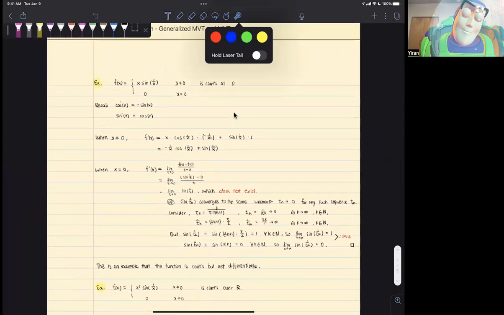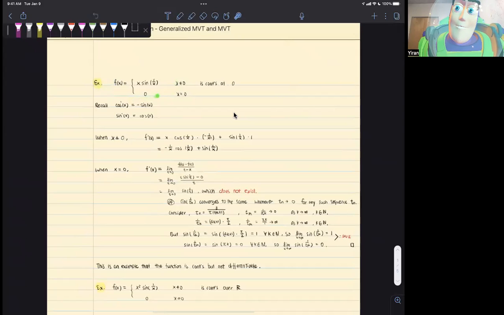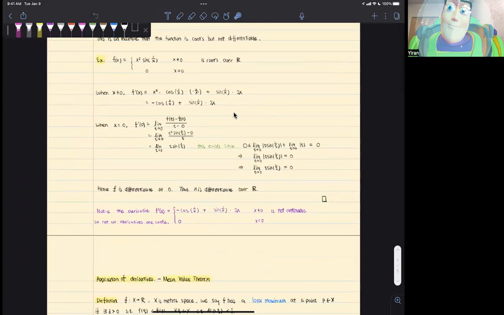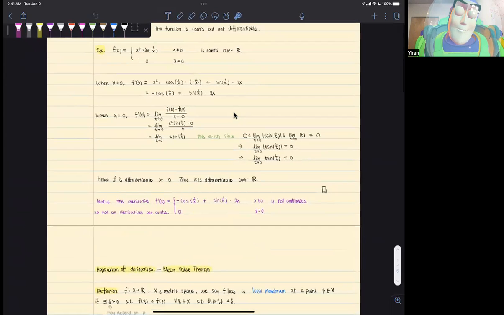This is the example that I showed last time. It's exactly the same. This is a counterexample, and it illustrates that given that a function is continuous, it is not necessarily differentiable. Here I want to introduce another example where the function is continuous on R, and it is differentiable on R actually.